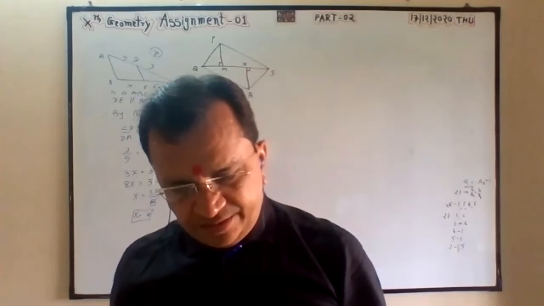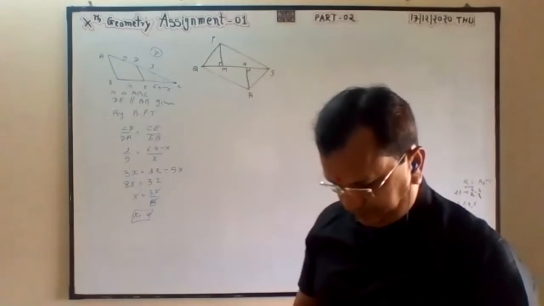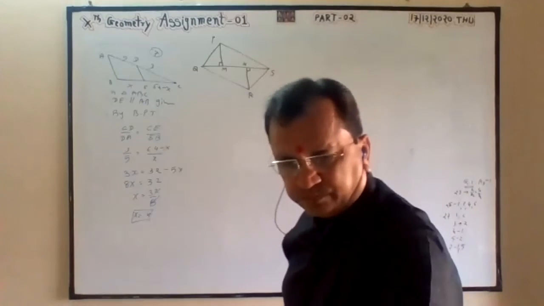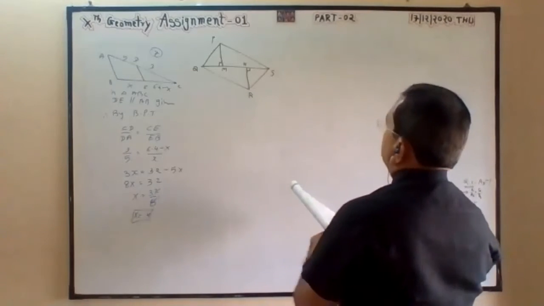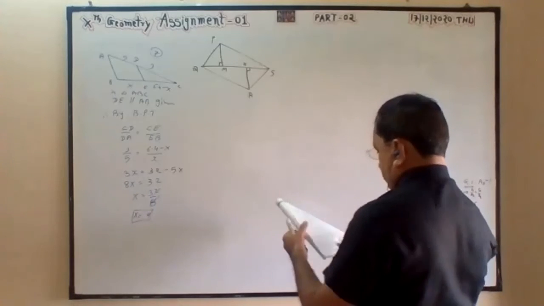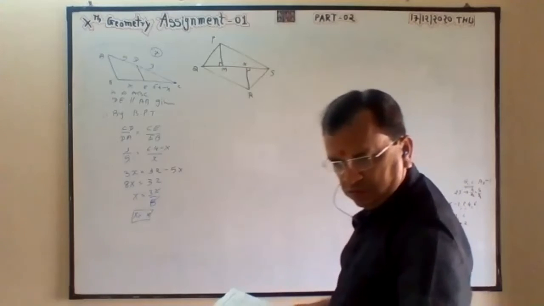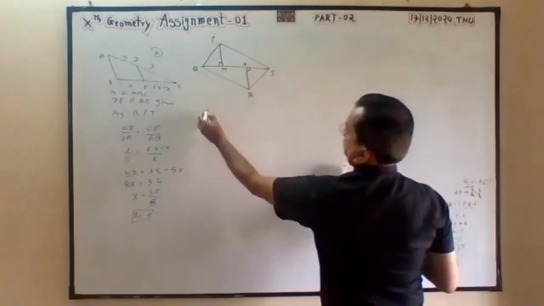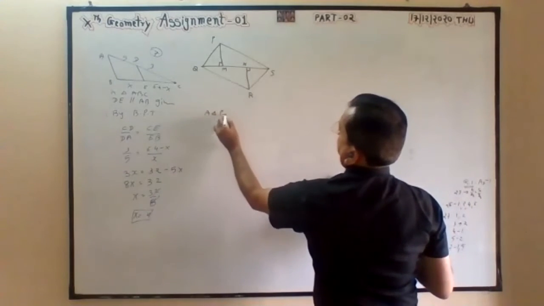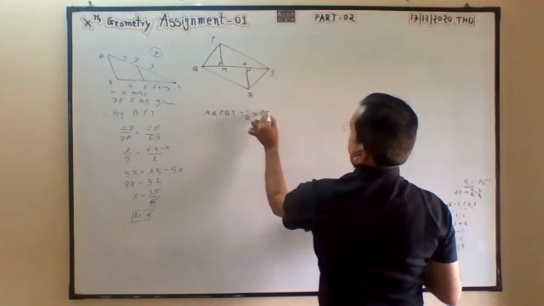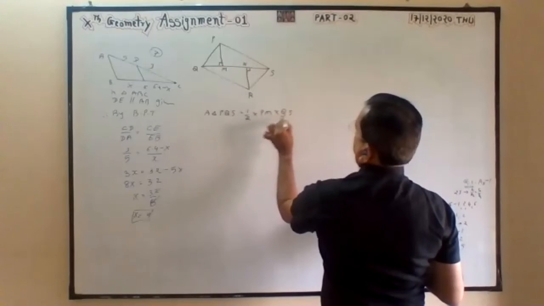Area of triangle PQS is equal to 100. Area of triangle PQS is equal to half into height into base.